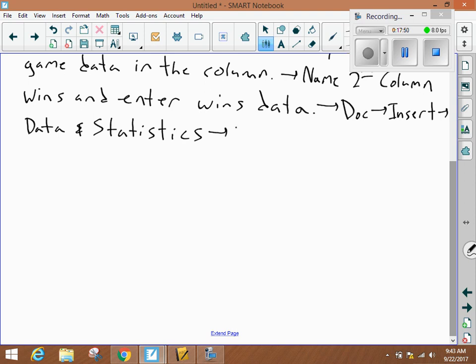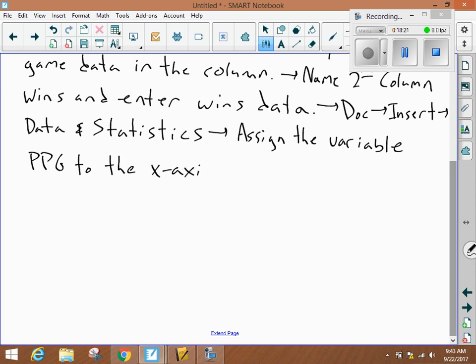We're going to have to assign the variable that we gave the column, right? That's why we need to name the column, so that we can assign a variable to the x-axis. Assign the variable points per game, I'm going to just write PPG, to the x-axis, because we have decided that that is our explanatory variable.